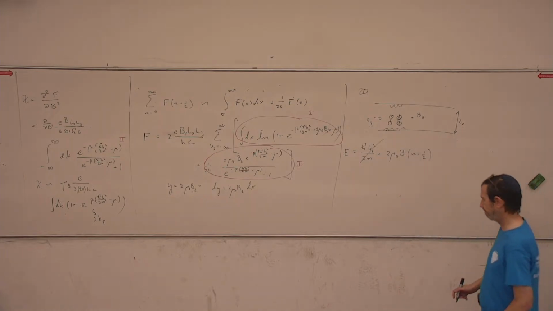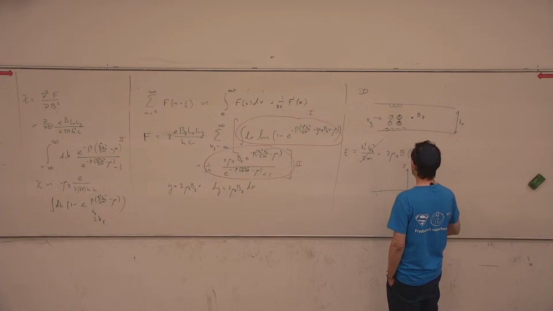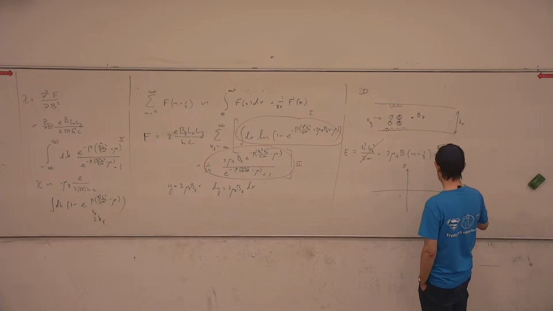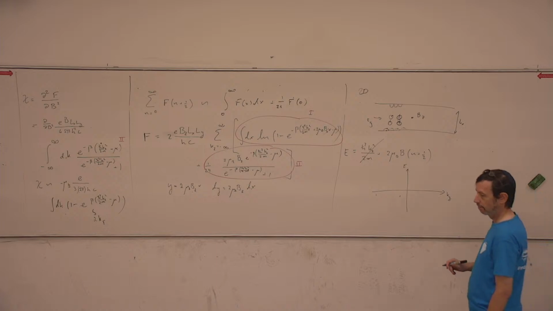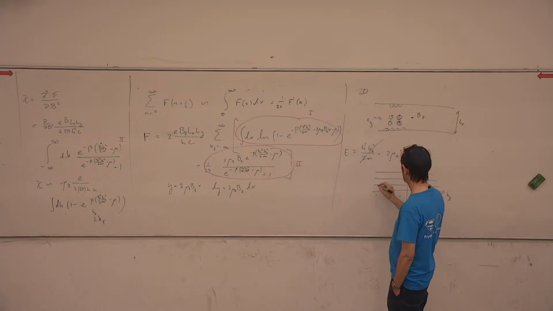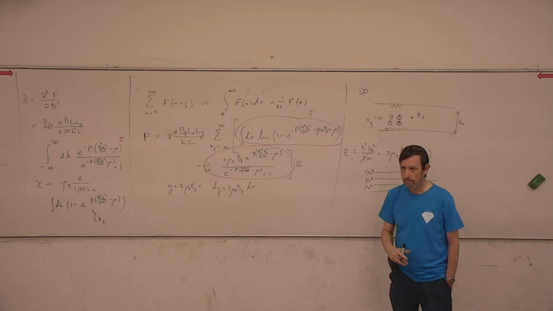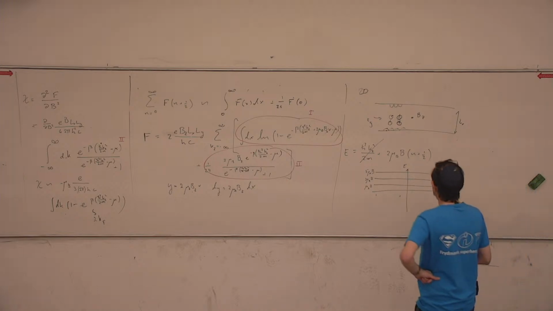So if I'm plotting the energy bands, these are the different ky's. I get bands of degenerate states.